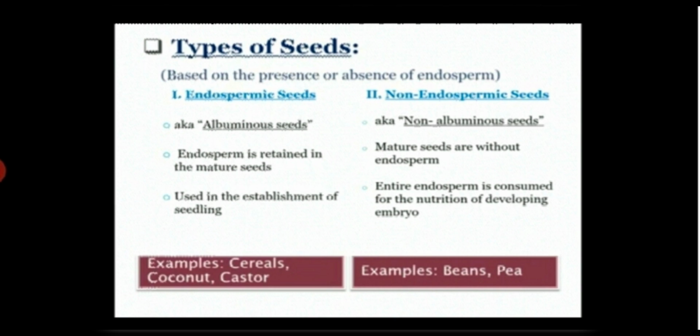In these albuminous seeds, the endosperm is retained in the mature seeds. It is present throughout the development of the seed, and it is used in the establishment of seedlings. Examples of endospermic seeds are cereals, coconut and castor.